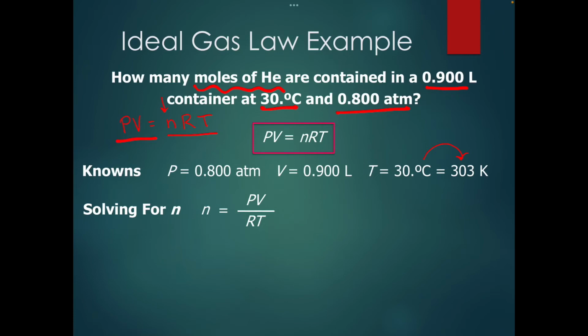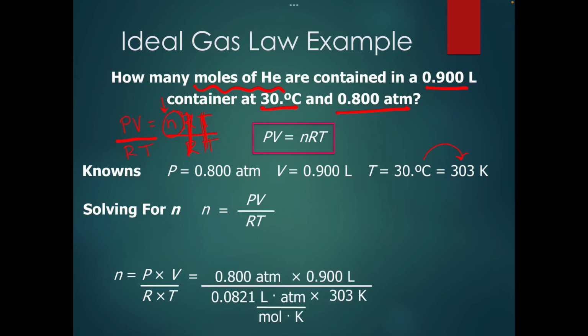To do that, we're going to divide both sides by R, so that's gone, and T, so that's gone. So we have n is equal to PV over RT. So we can go ahead and plug stuff in. So we have pressure and volume divided by R and T. When you plug this in, you can make sure all of your units cancel and you're left with moles, which is what we're trying to find.